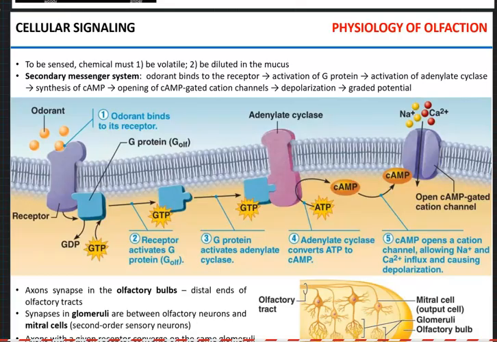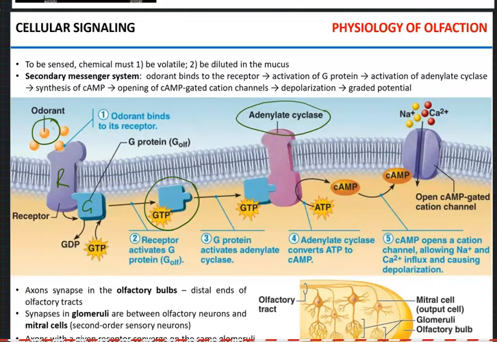And let's go over this slowly and steadily. So this is the odorant, and it binds to the receptor. Do you remember our conversation about a G protein? So this is your G protein, which gets activated and activates an enzyme, adenylate cyclase.